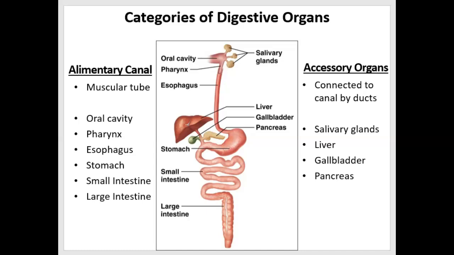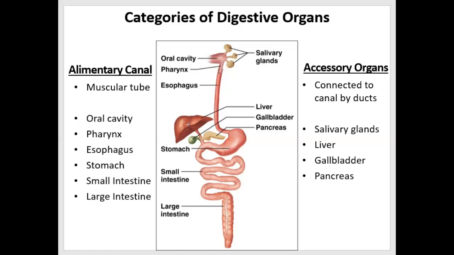One category includes the organs that comprise what is known as the alimentary canal. This is a muscular tube including the oral cavity, the pharynx, the esophagus, the stomach, the small intestine, and the large intestine. The term alimentary refers to nutrition or food that provides sustenance for us.